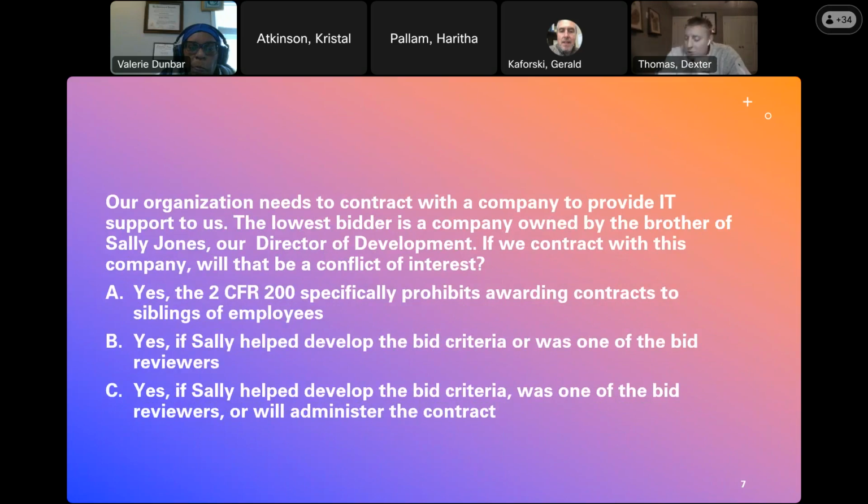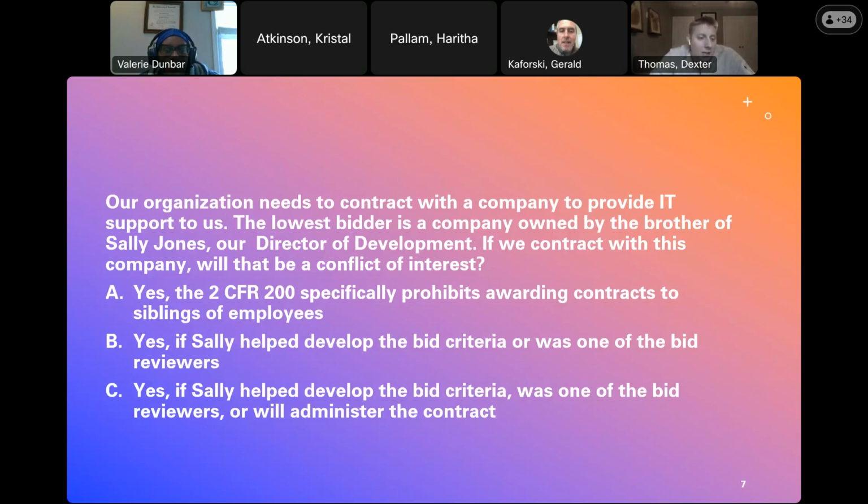Okay, first question. Our organization needs to contract with a company to provide IT support to us. The lowest bidder is a company owned by the brother of Sally Jones, our director of development. If we contract with this company, will that be a conflict of interest?